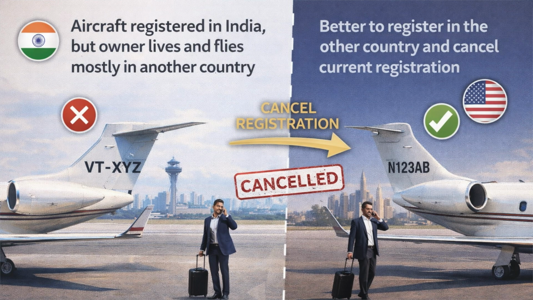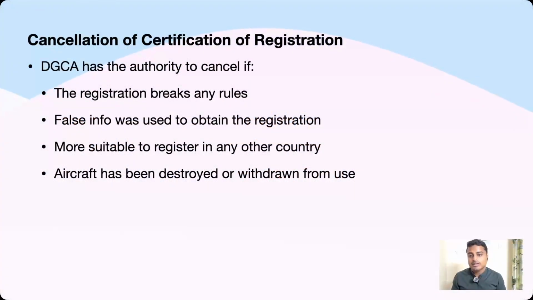In that case, the aircraft is not genuinely Indian operated. It would be more suitable to be registered in the country where it is actually based and operated. So DGCA can cancel the Indian registration.